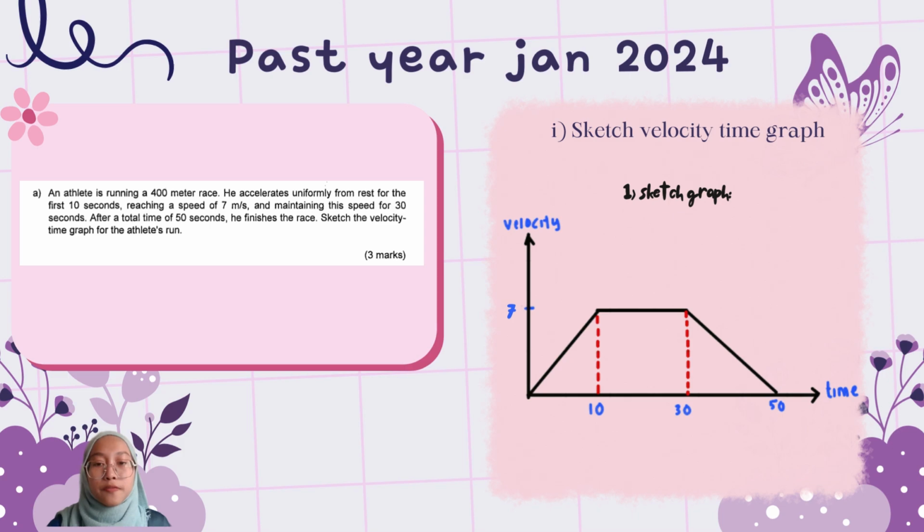So from the graph, we need to plot it from 0 to 7, and then it says that the athlete maintained the velocity, which means he does not accelerate. So the graph will be a straight line only, and then after that he finished the race, meaning the graph will go back to the x-axis. The time taken used is 50 seconds.